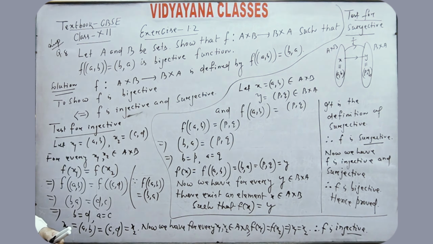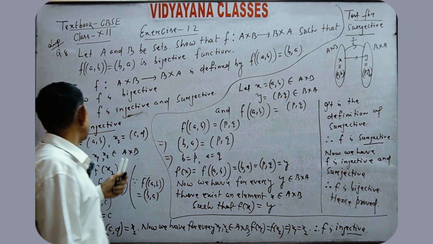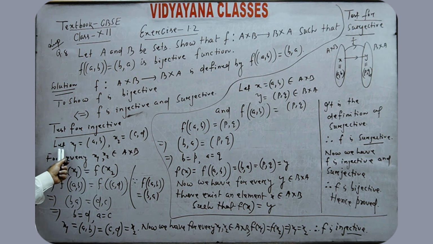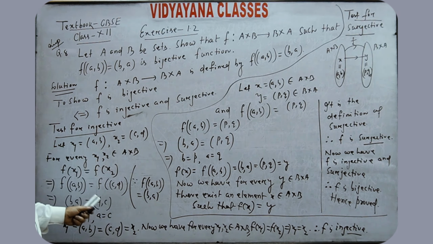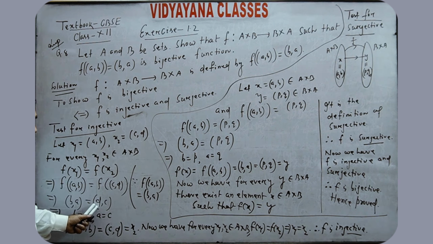Any doubt? We have to prove the function defined is bijective. That means F satisfies the definition of injective and surjective. Let x1 is equal to AB ordered pair, x2 is equal to CD ordered pair. For every x1, x2 belongs to A cross B, fx1 is equal to fx2. F of AB ordered pair is defined by BA ordered pair. Similarly, it is DC ordered pair.